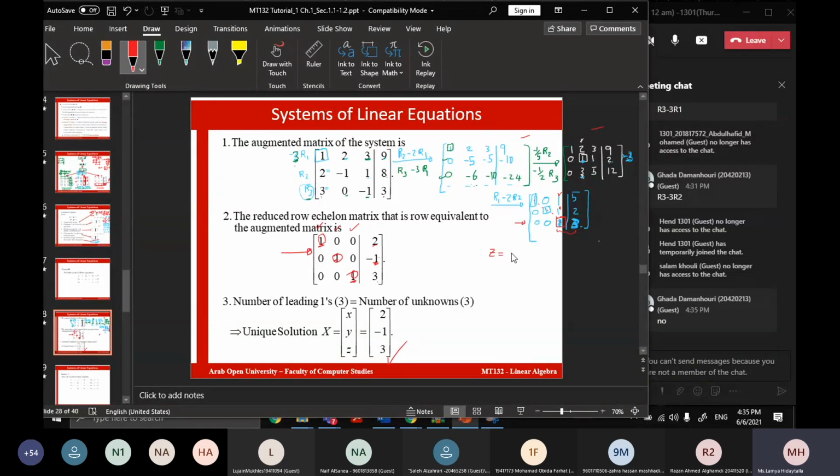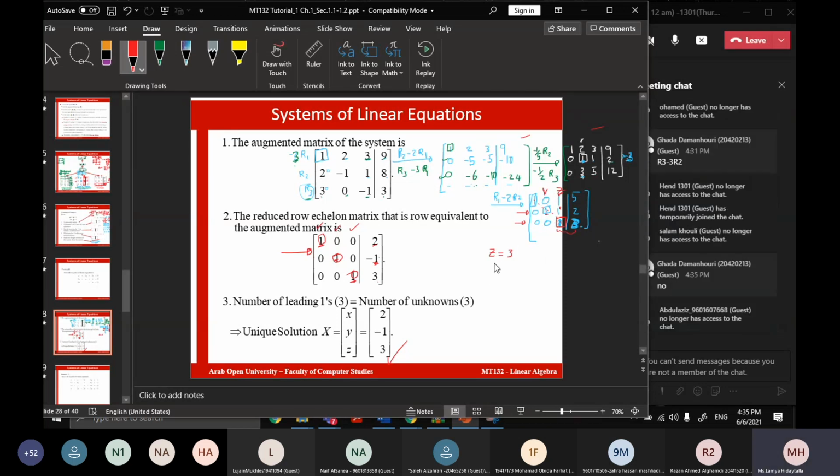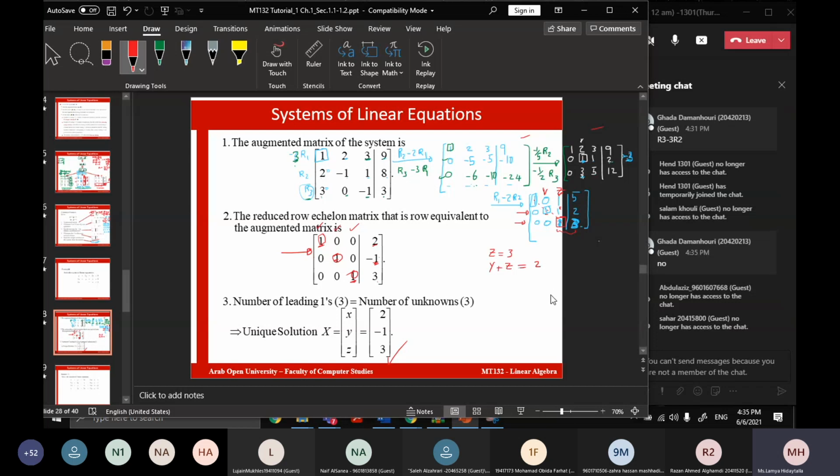Z equals 3. So now we go here. What do we have? We have y, because this is 1, this is y and this is z, correct? 1 times y plus z equals 2. But we got the value of z, right? It is 3. So y plus 3 equals 2.